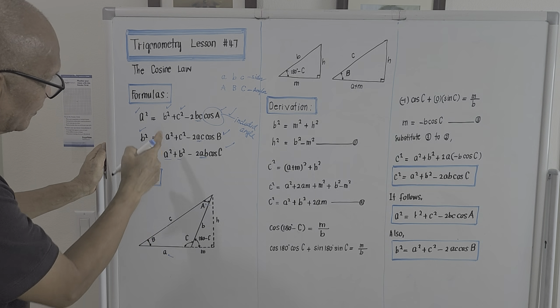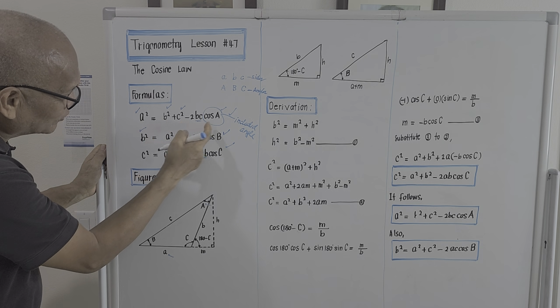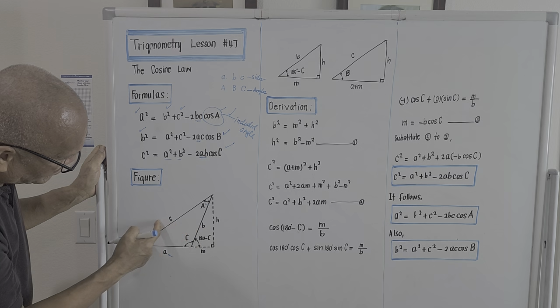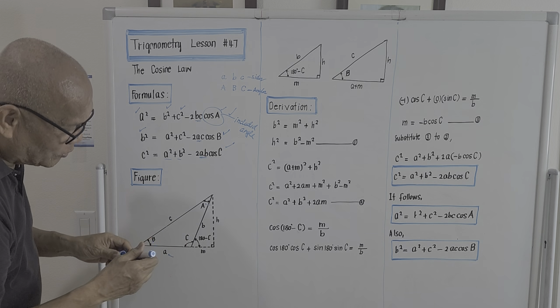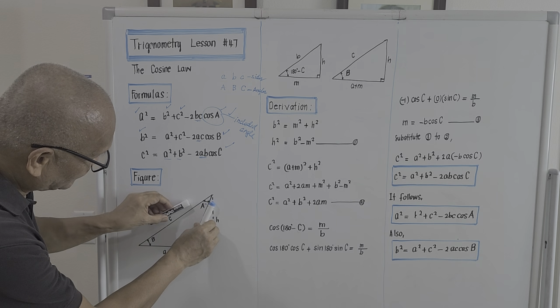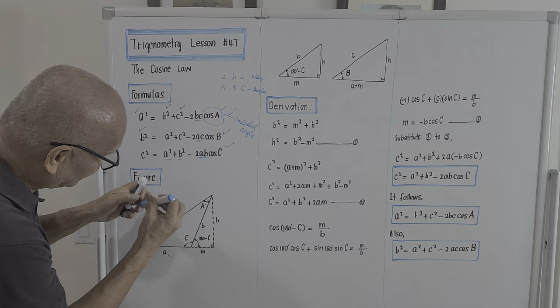If we are considering B and C, the included angle between B and C is actually angle A. If this is side B, and this is side C, the angle included between side B and side C is actually angle A. That's angle A.